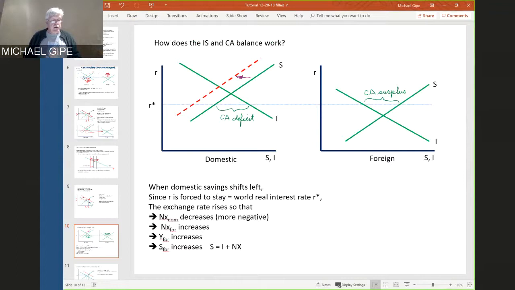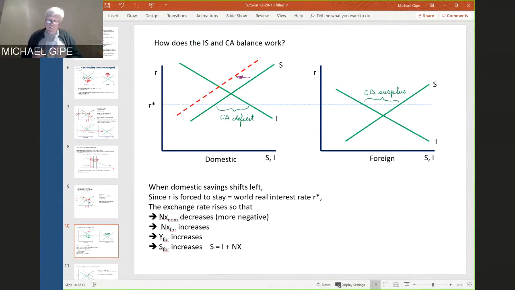So what happens is the exchange rate rises so that we can adjust the net exports so that even at that real world interest rate, the current account deficit of the domestic economy will increase in size. That is, net exports will become more negative. And that also means that the foreign net exports increase correspondingly.